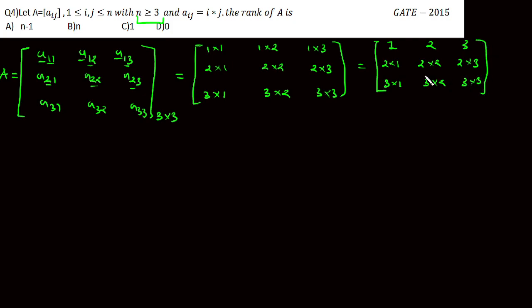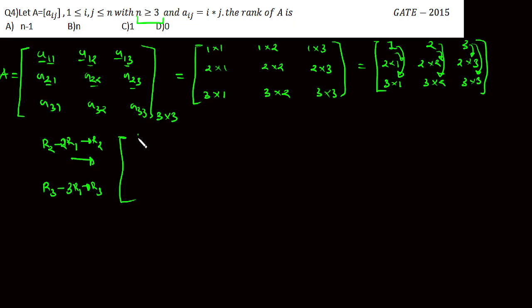So you can see the first row is multiplied with 2 here, here also 2, here also 2. In the third row we have multiplied the first row with 3. So you can reduce it by row operations. Let R2 minus 2R1 become the new R2, and R3 minus 3R1 become the new R3.